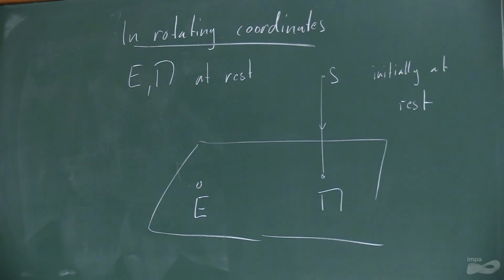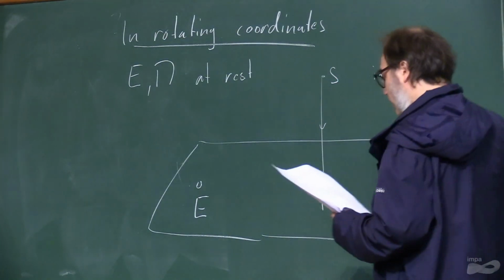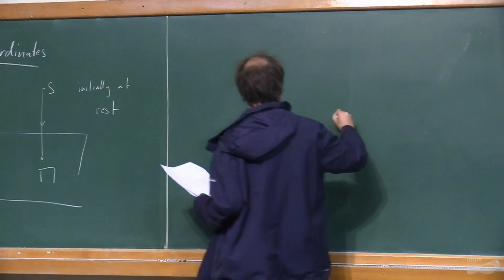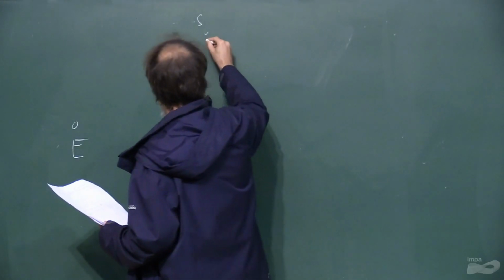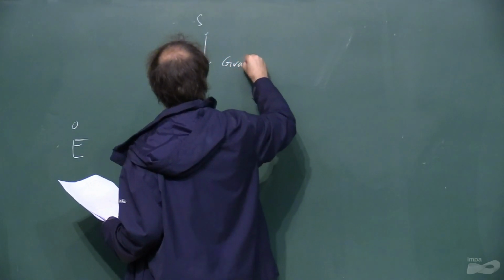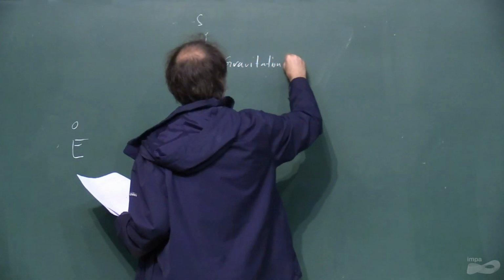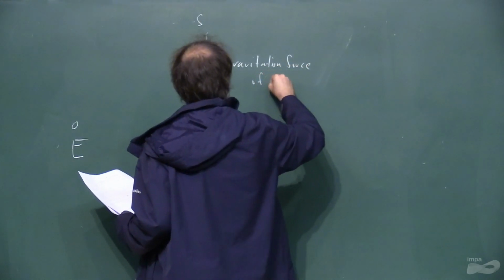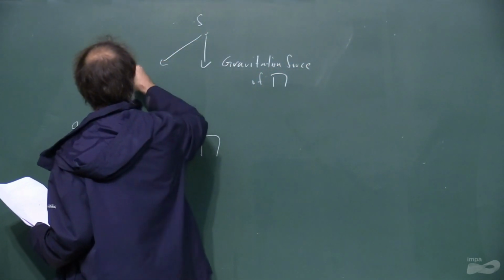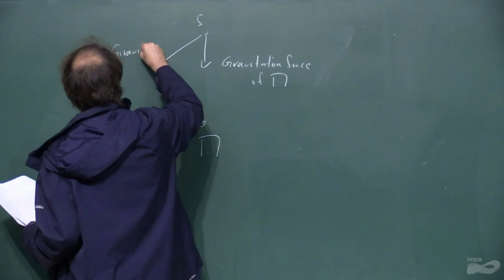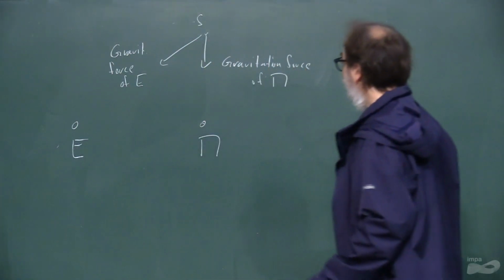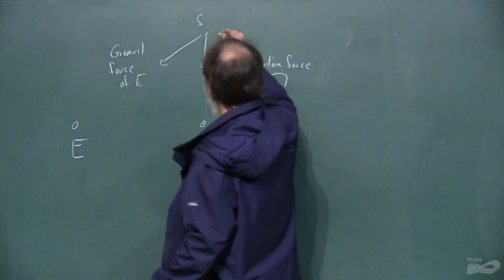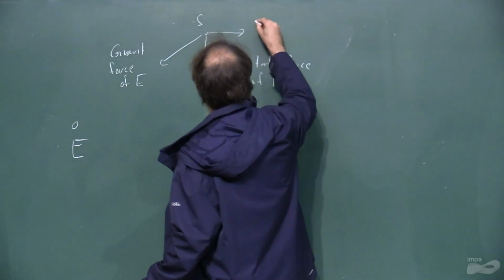But if we are in rotating coordinates, what happens to the stone? The stone will experience different forces. There is of course the gravitational force of the Moon. There is also the gravitational force of the Earth. But now we are in rotating coordinates, so the poor stone will also feel some centrifugal force.